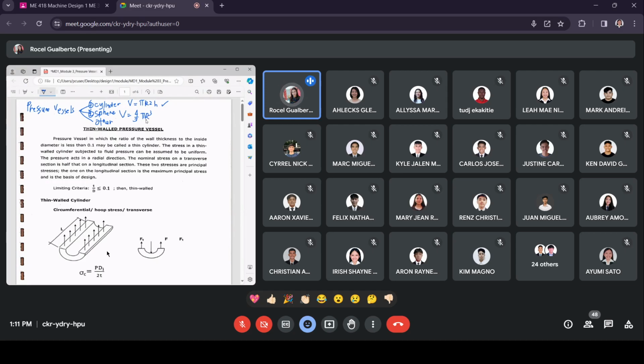You simply increase the radius or the diameter of the sphere. But increasing the diameter of our sphere will entail a large area for this pressure vessel to be mounted. It will entail a bigger area, unlike that of a cylinder.